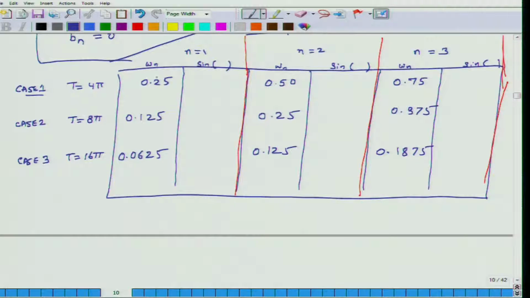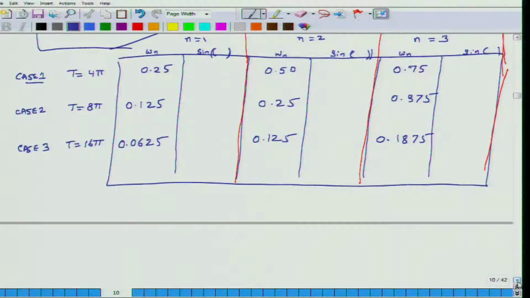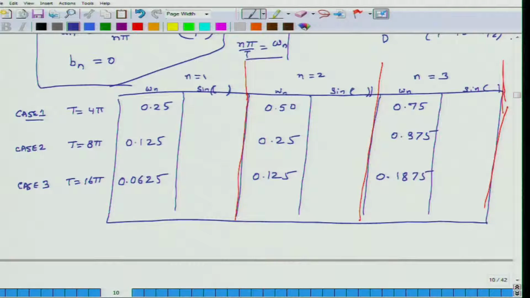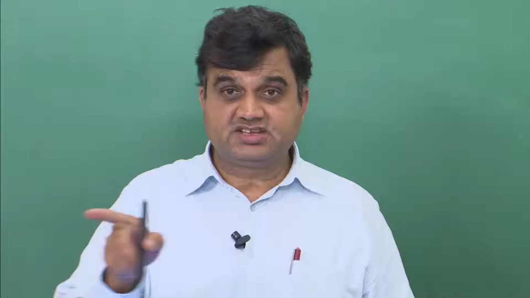Now that I know omega n, I can also calculate the sine values of things in the bracket. So you can fill up these columns. But the point I am trying to make is somewhat different. What this tells me is that when time period is 4 pi, on the frequency axis, the first Fourier component corresponds to omega n equal to 0.25.